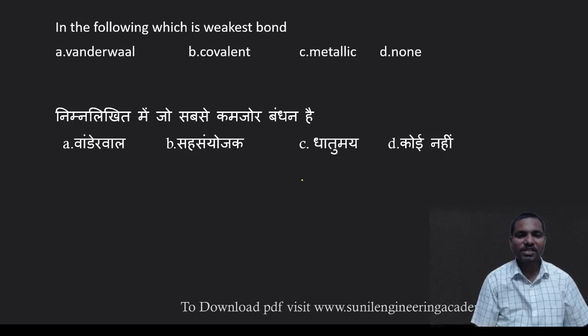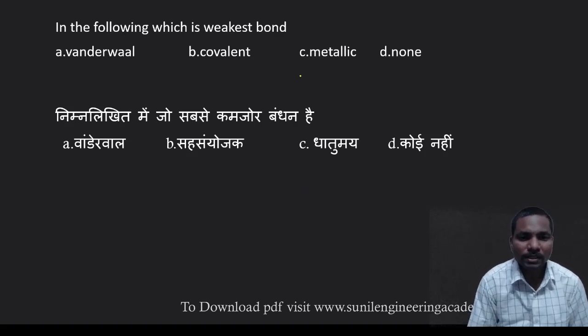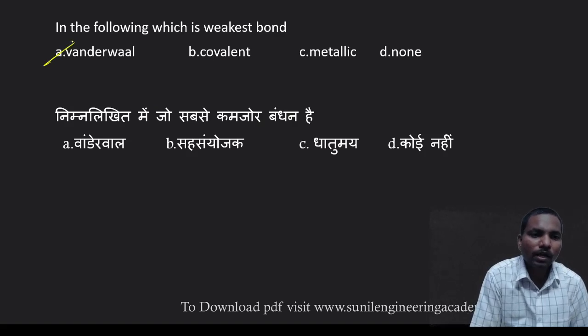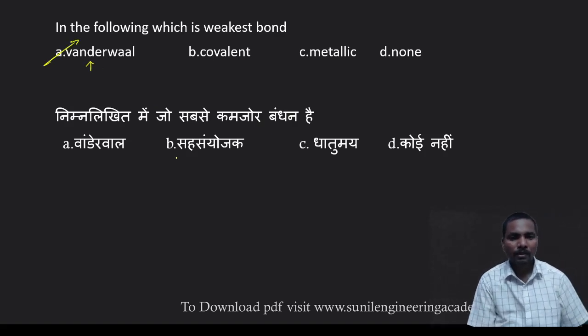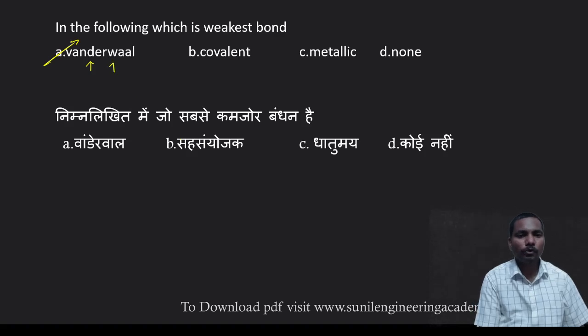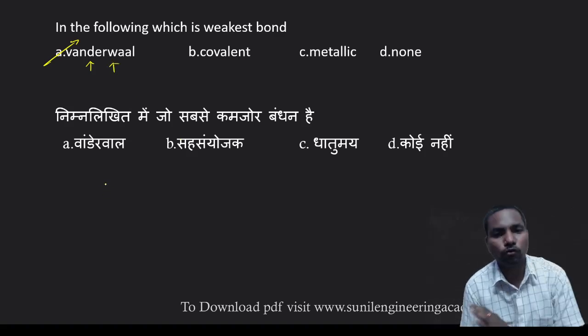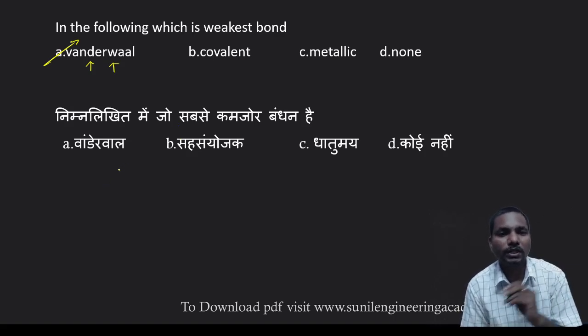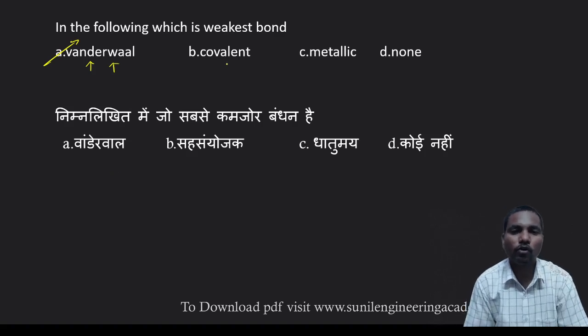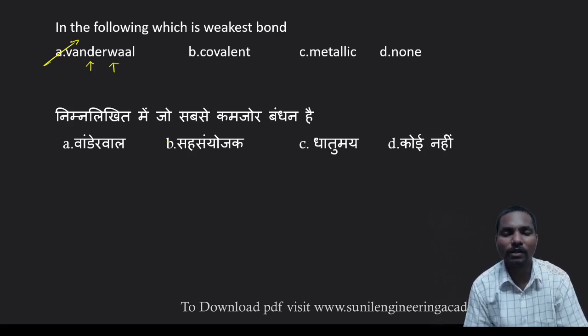In the following, which is the weakest bond? That is the van der Waals bond, the weakest bond. Why? Because it is formed due to small electrical forces. So that is the weakest bond. Covalent bonds and ionic bonds are stronger bonds.